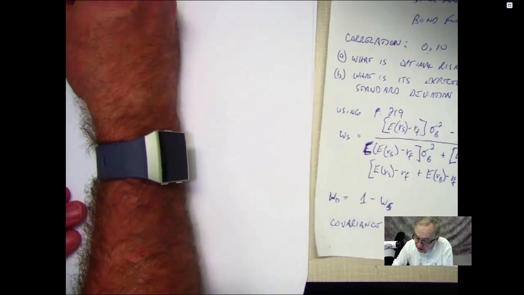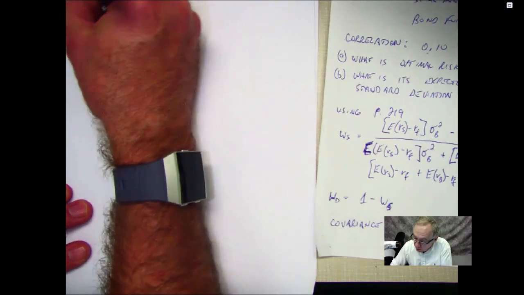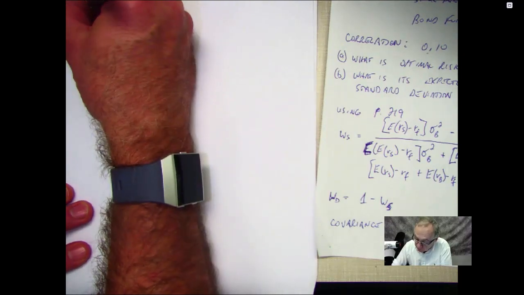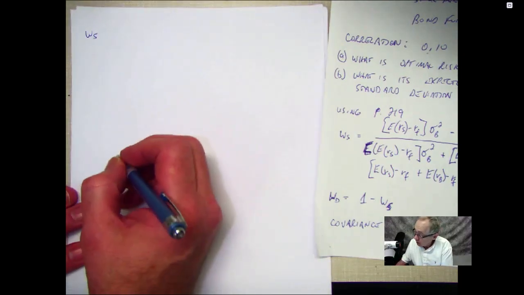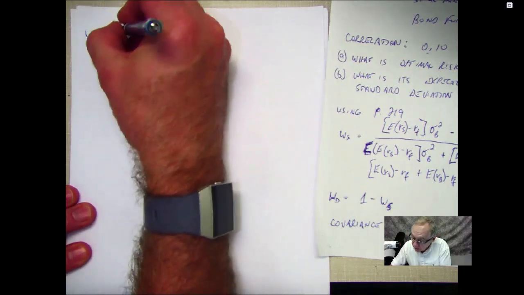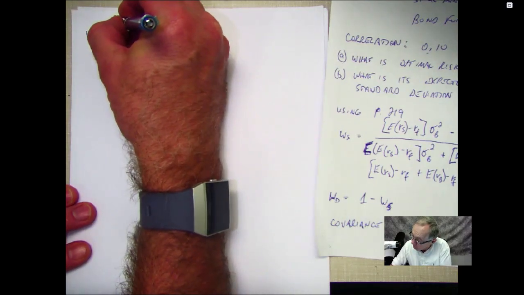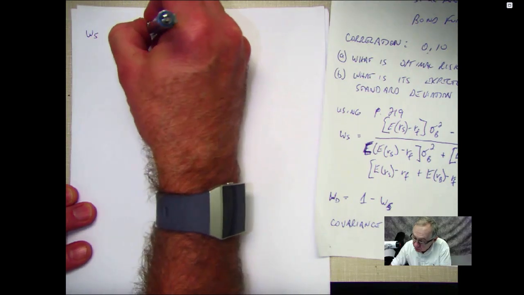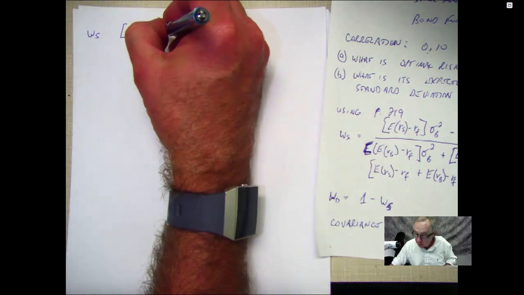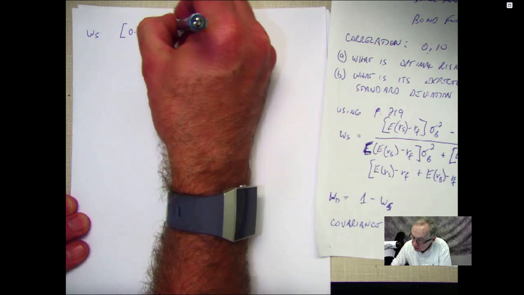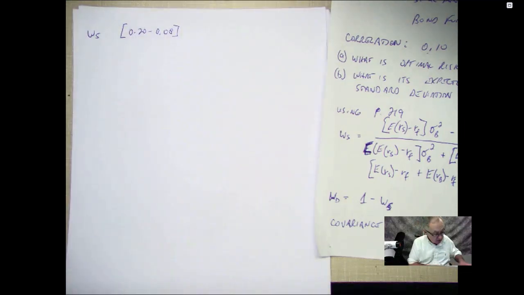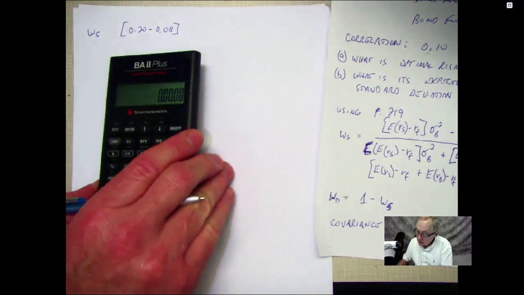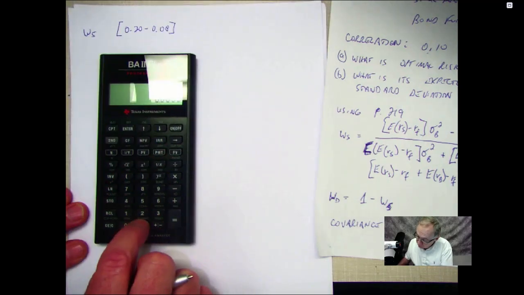So restating the weight for the bond fund, let's do weight for the stock fund. Let's do our numerator first. Excess return for stocks, 0.20 minus 0.08, times, now we need the variance for the bond fund.